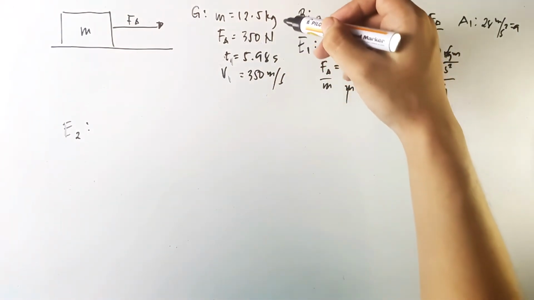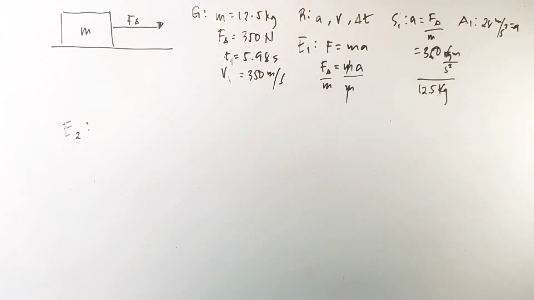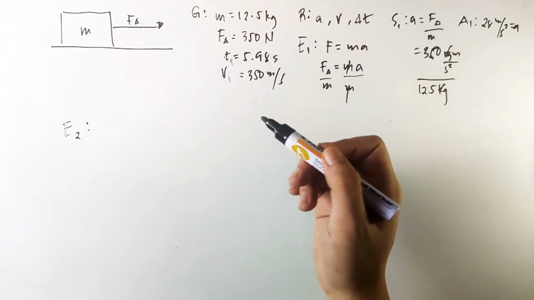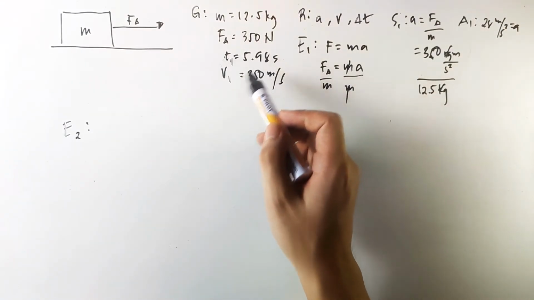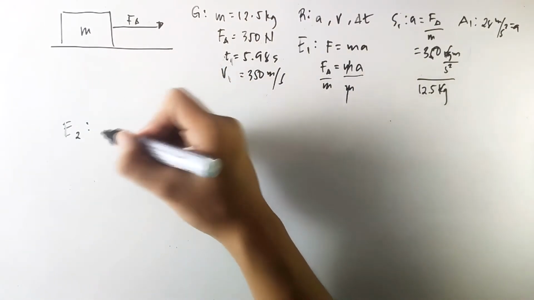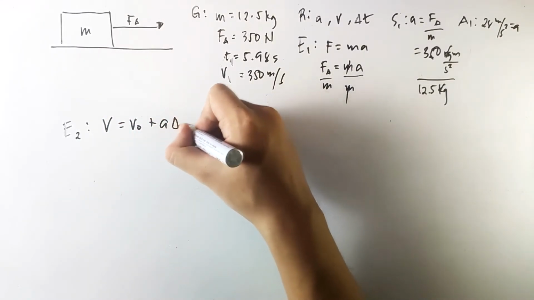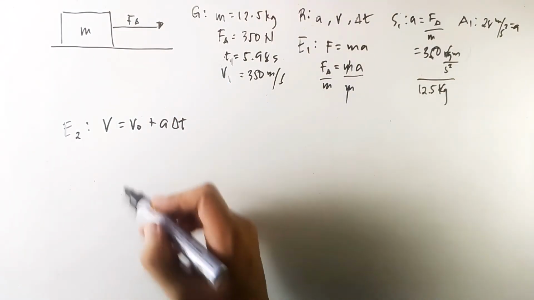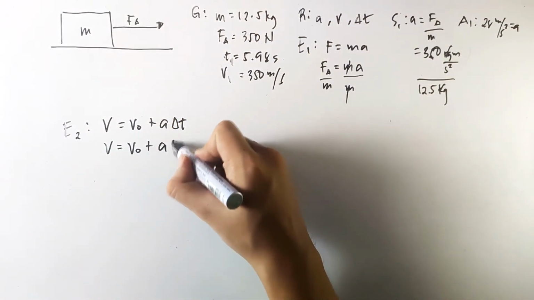We're going to use these three givens, plus of course the acceleration that we have. Knowing that we have to look for final velocity, we have acceleration and time as the givens, and we include the initial velocity, which is 0. The equation is v equals v sub 0 plus a delta t. Reframe it to our variables: final velocity is equal to initial velocity plus a times t sub 1.